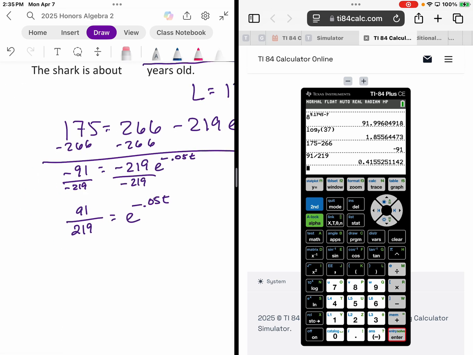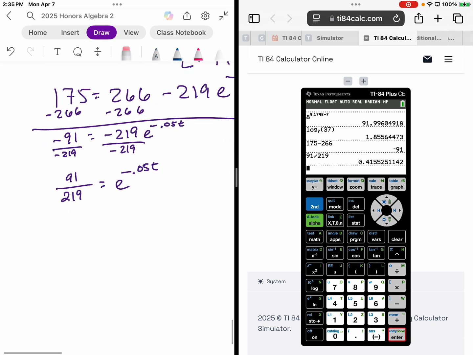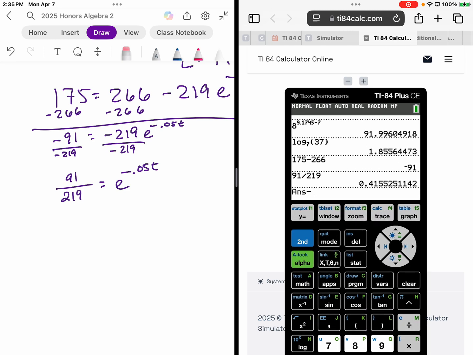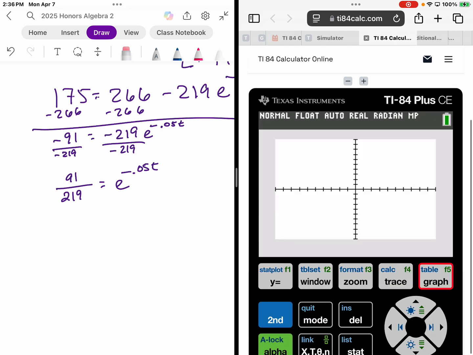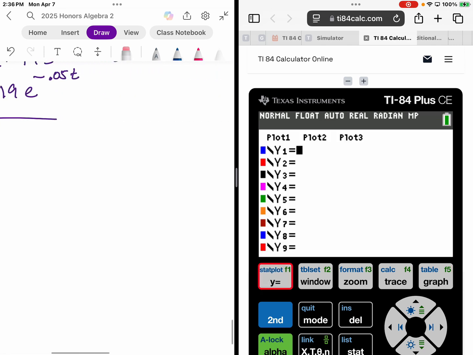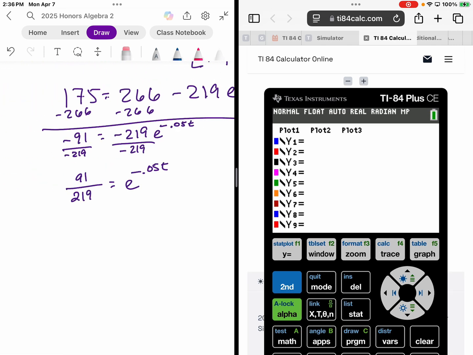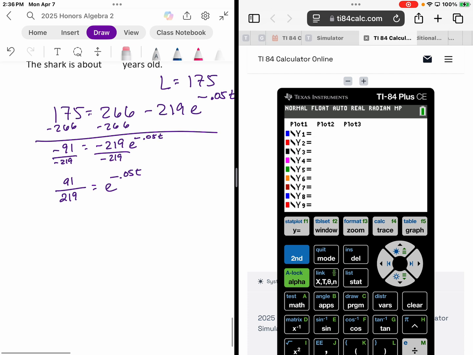All right, so now, what is the inverse of e? Well, technically, e and ln are inverses.